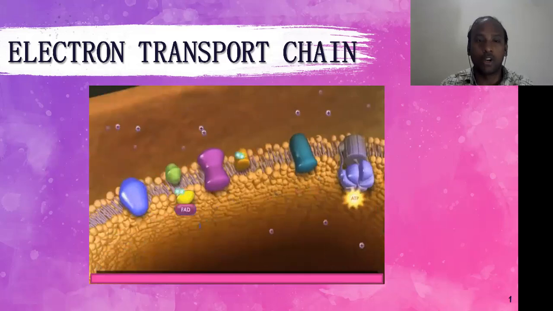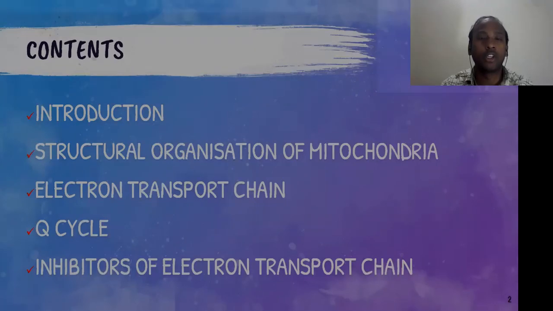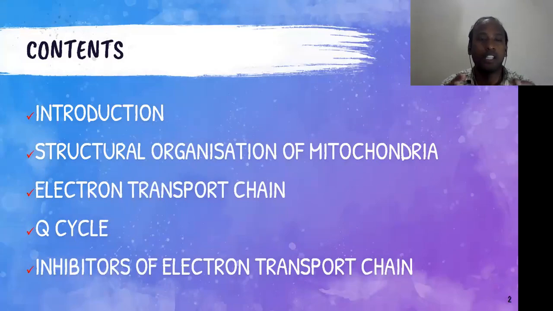In this session, I'm going to speak about a few basics of how these carriers are generated and what the important organelles involved in the electron transport chain are. I'm also going to talk about the structural organization of mitochondria, the ultrastructural organization.